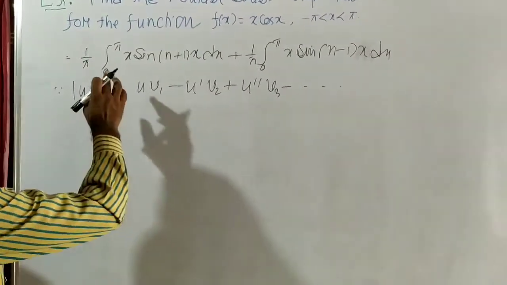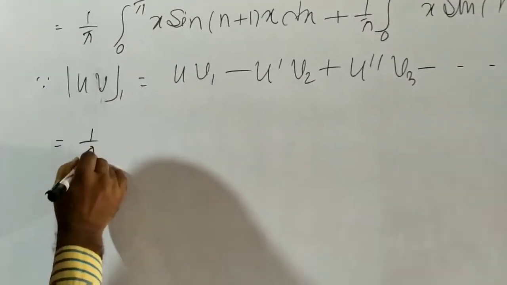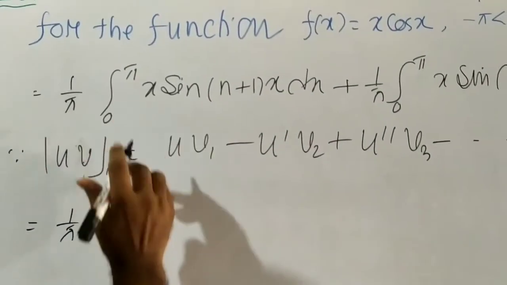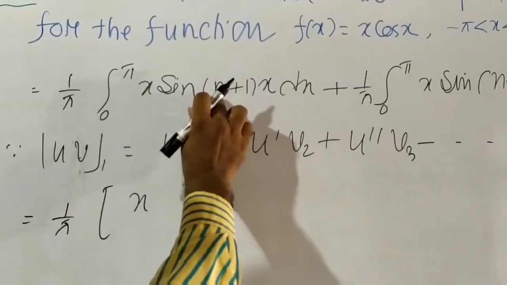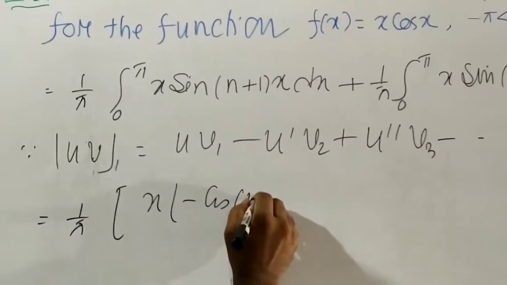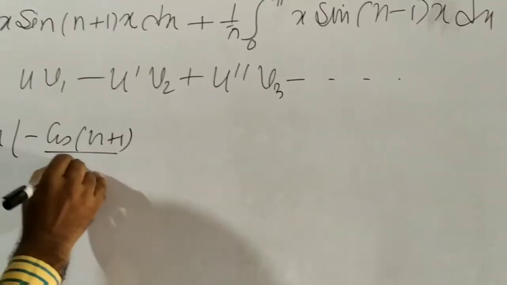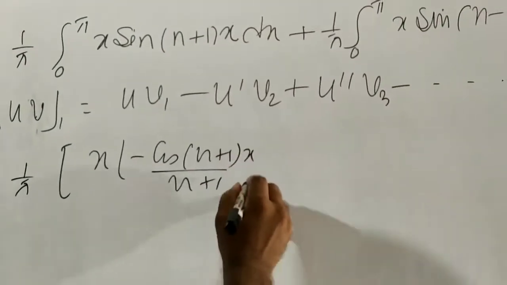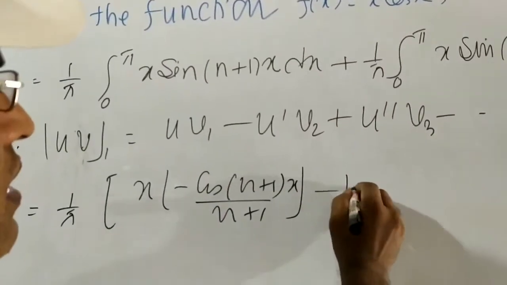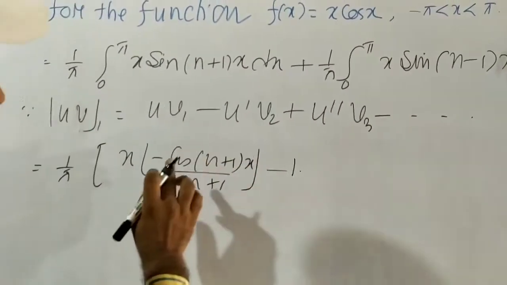By using this formula, 1 by pi, this is u. u means x. v1, integration of sin nx, means minus cos nx by n. And minus u', where u' means d/dx of x, which is 1, and v2 means integration of this.